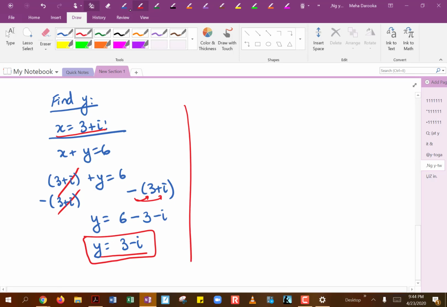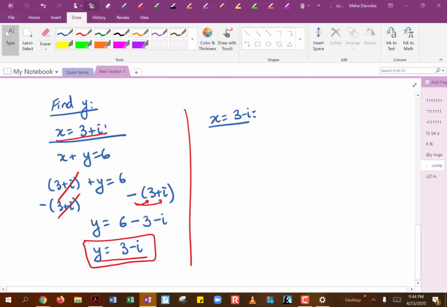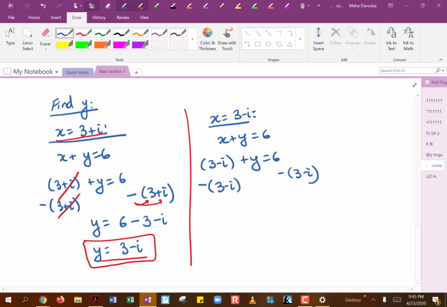Now let's do it the other way. If x is 3 minus i, so that's this second answer that I found from here, right? So let's see what y value comes out to be. So same thing, 3 minus i plus y equals 6. We'll go ahead and subtract 3 minus i from both sides.